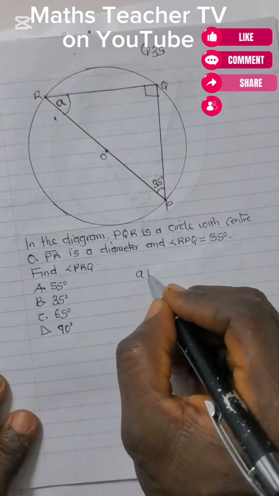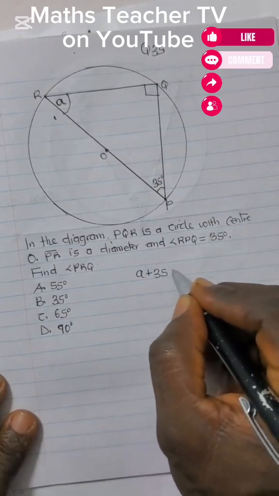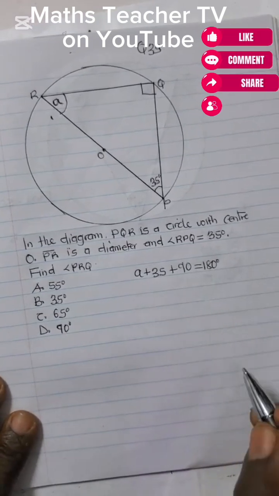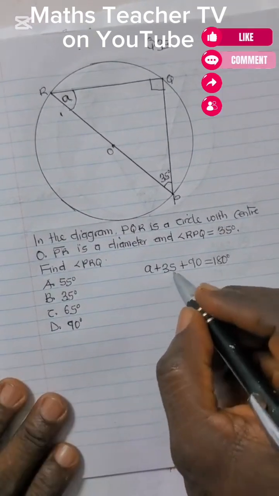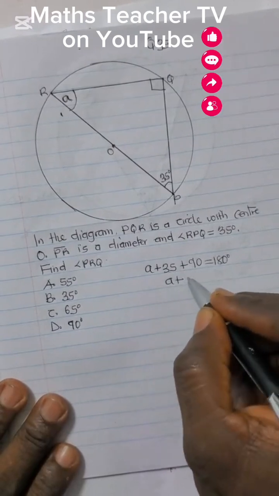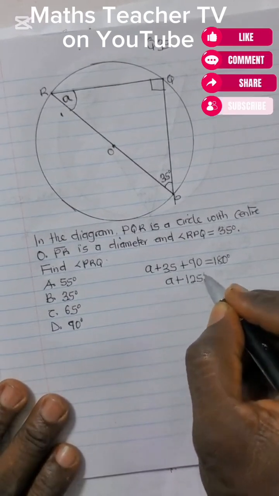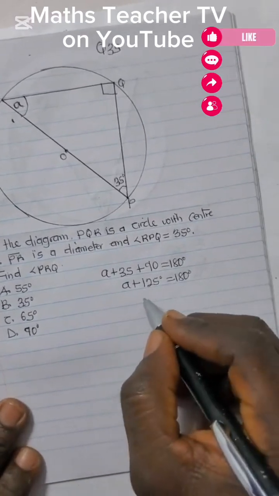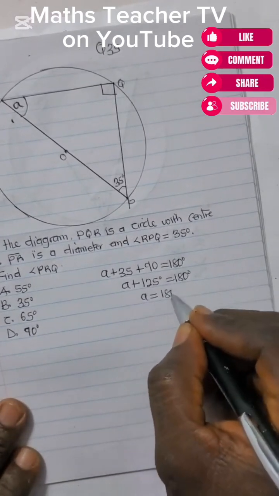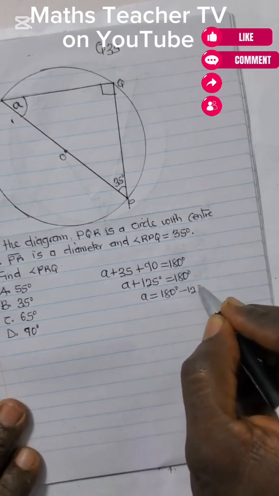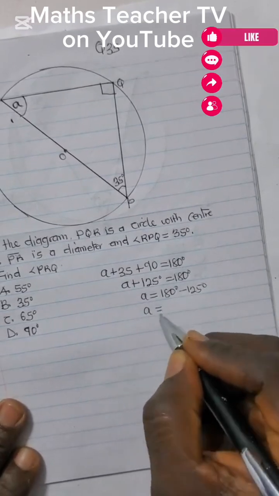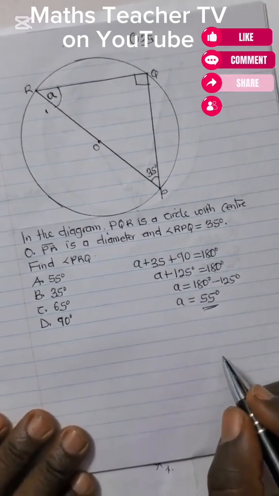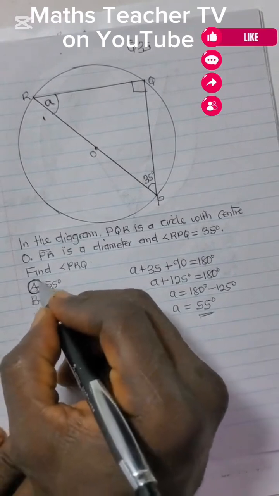So A plus 35 plus 90 will give us 125 degrees, and this is equal to 180 degrees. So A is equal to 180 degrees minus 125 degrees. So A is equal to 55 degrees. And the correct option for this question was option A. Very simple.